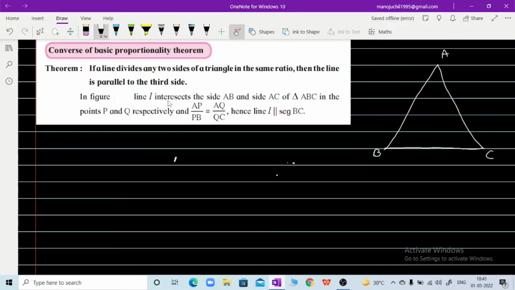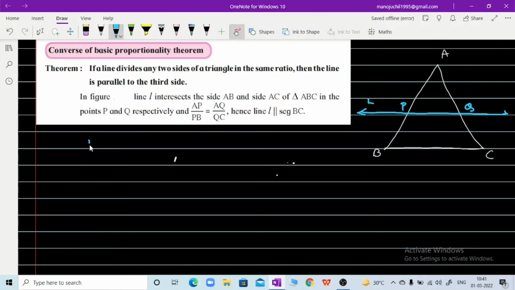It tells that suppose a line divides AB and AC of triangle ABC at points P and Q. So if I try to draw a line L which divides my side AB at point P and side AC at point Q. Now the ratio in which AB is divided should be equal to the same ratio in which AC is divided.